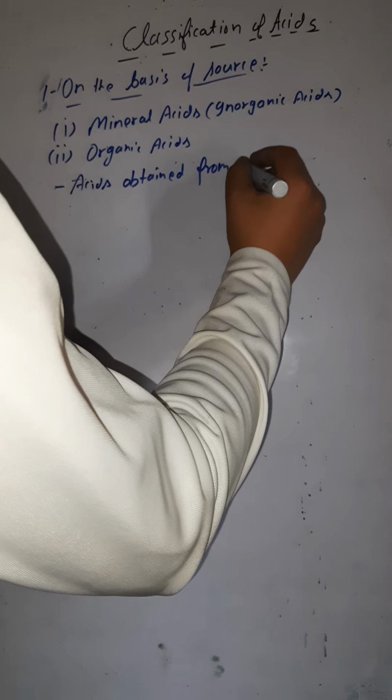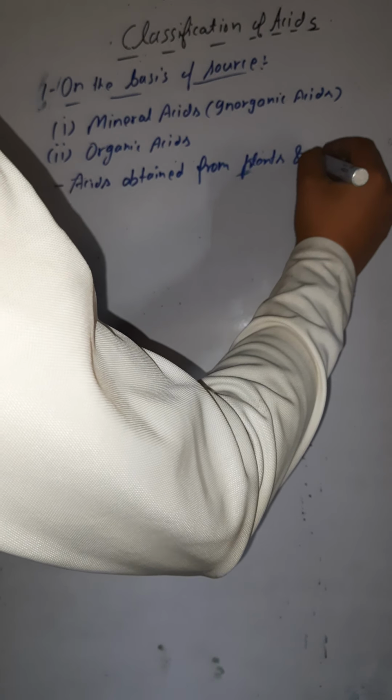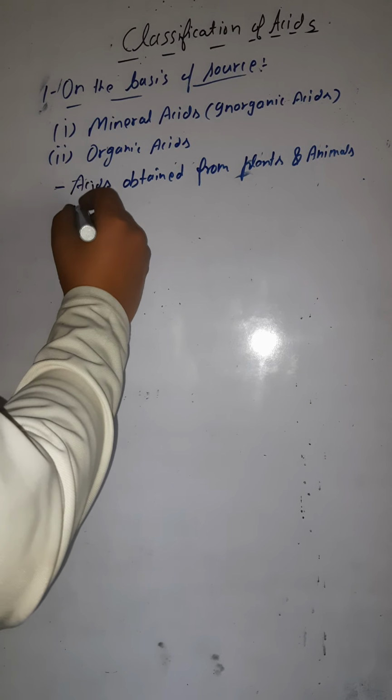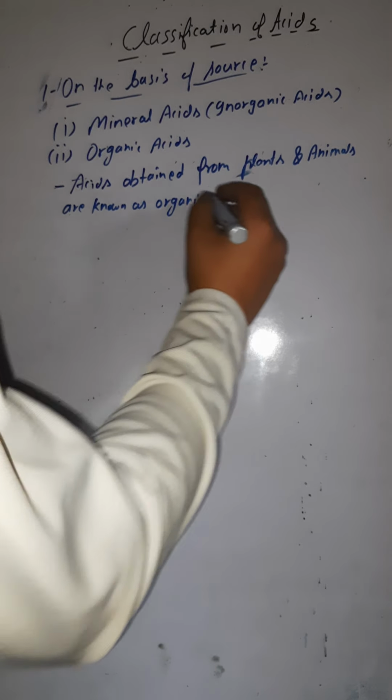So write it down: acids obtained from plants and animals are known as organic acids.